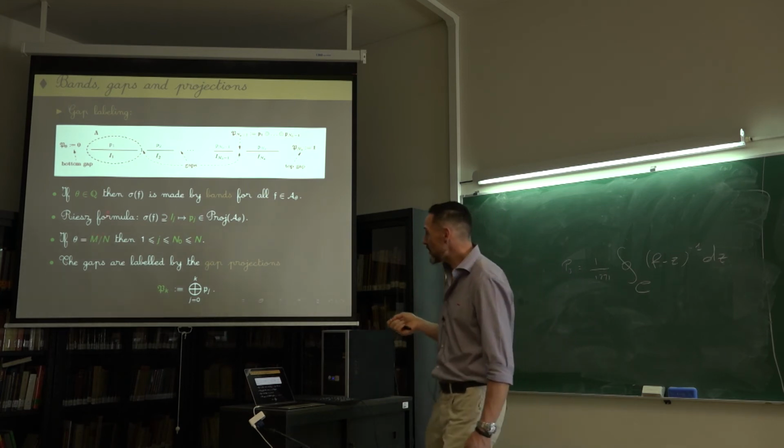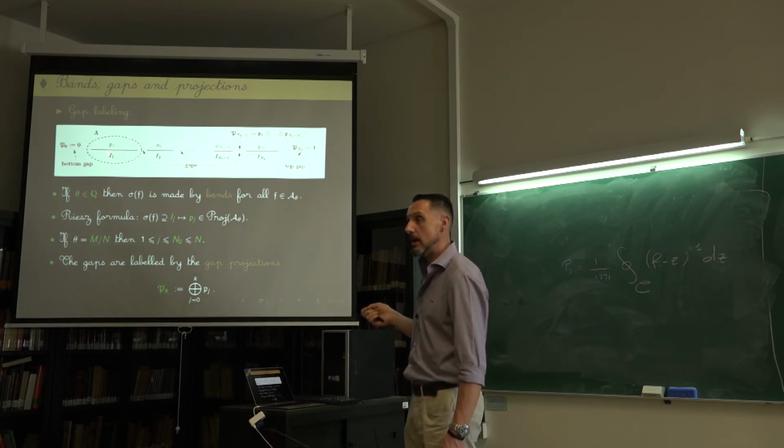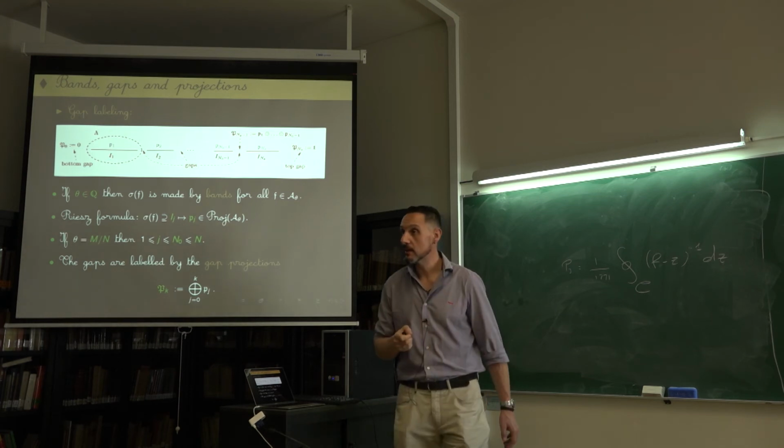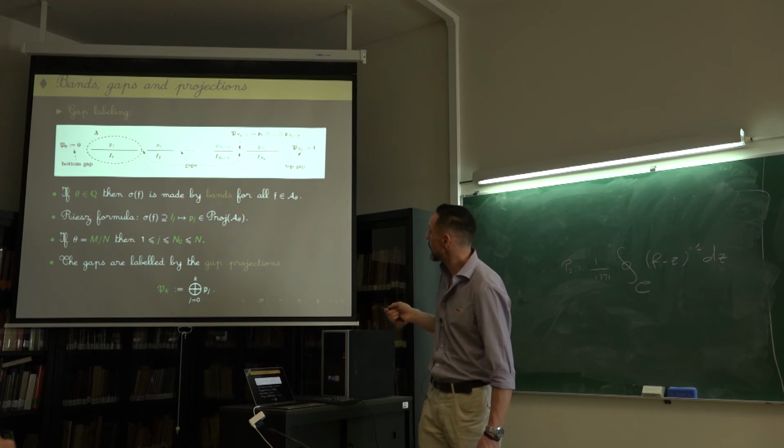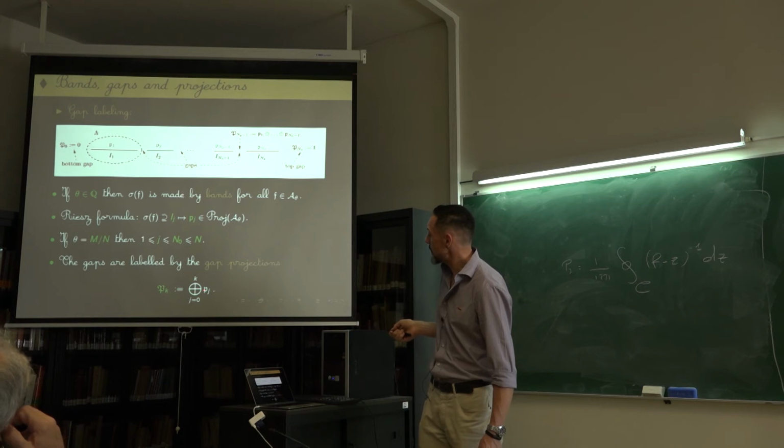And I'm not interested in labeling the energy bands. I'm more interested in labeling the gaps, and I can label the gap k by defining a bigger projection, which is the orthogonal sum of the first k projections.